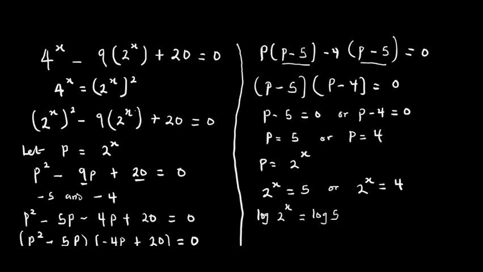Then from laws of logarithm, we know that log m to the power of n is the same thing as n log m. So I'm going to apply the laws here. x log 2 equals log 5. x is equal to log 5 over log 2.